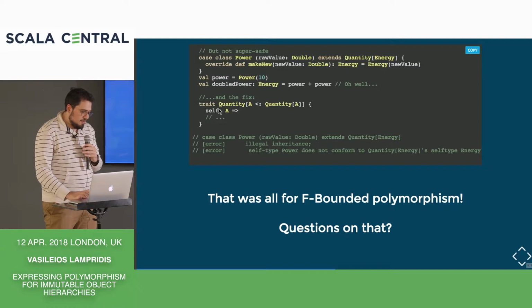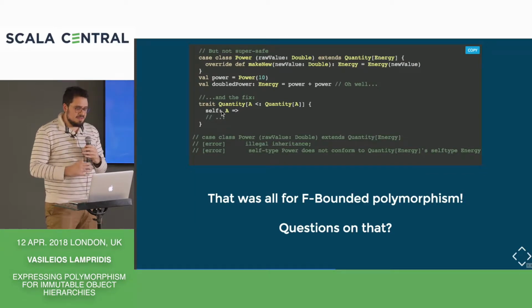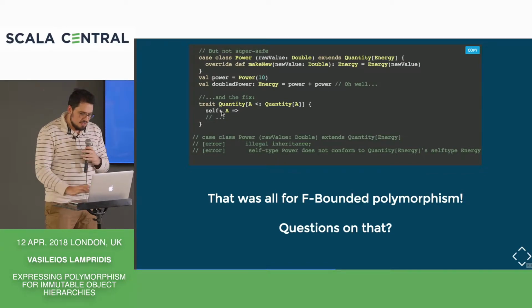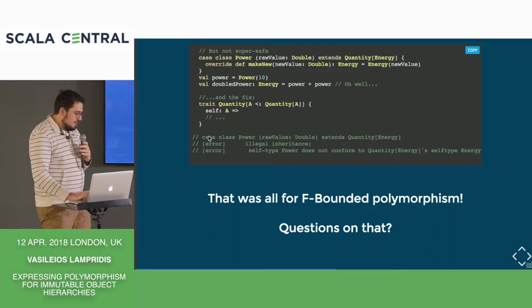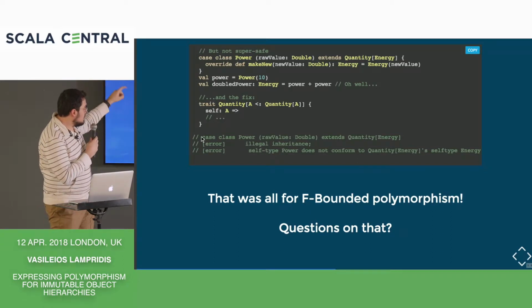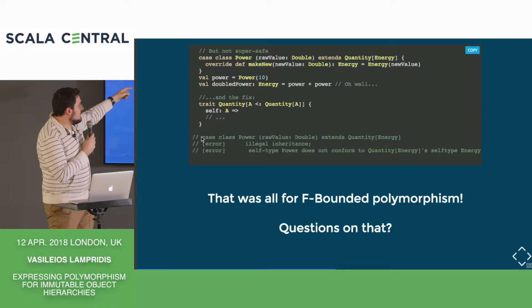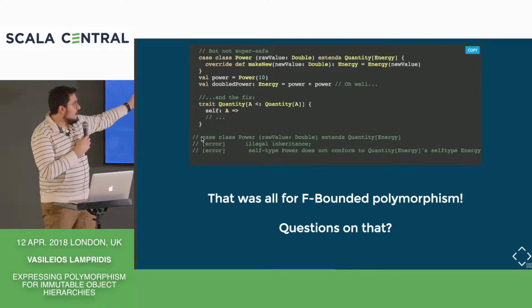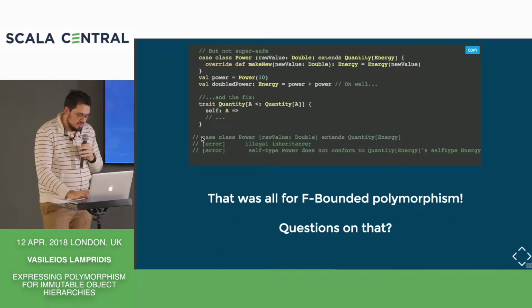If, on the same trait we saw before, you annotate it to be a self of A, you have that self-type annotation. You can see now further below what the compiler would say if I tried to define mistakenly the power to be a quantity of energy. It would say that the self-type does not conform to the expected one, essentially.